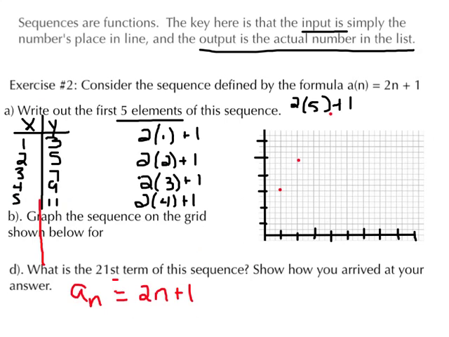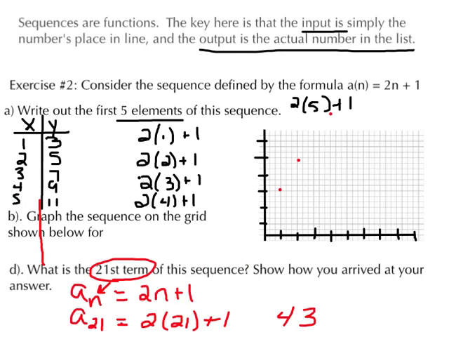I know my n. It's telling me that my 21st term, which is my n, is 21. So a sub 21 equals 2 times 21 plus 1. 2 times 21 is 42, plus 1 is 43. So the 21st term is going to be 43.